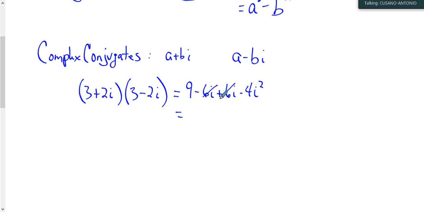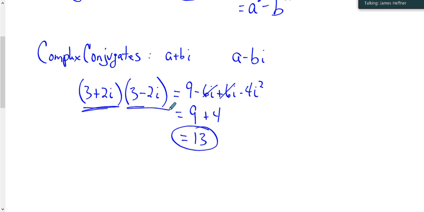The i squared would be -1, so it's minus 4 times -1, which is 9 plus 4. Hey, look what happens. There's no more imaginary numbers in this, right? And 9 plus 4 is 13. So you see we multiplied these complex conjugates and all the imaginary numbers went away. They canceled out in the middle, and you end up with the i squared, which is -1, giving you a real number. Does that make sense?